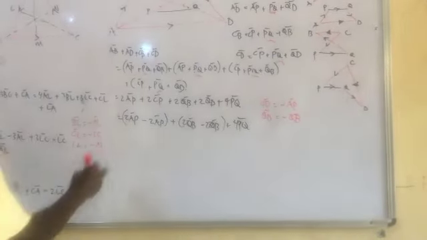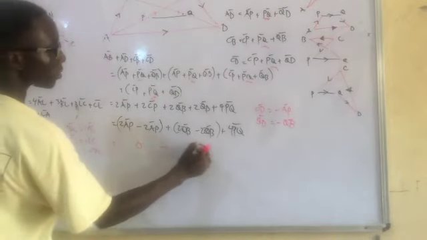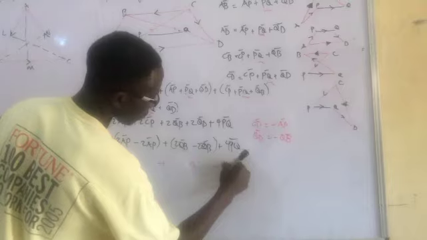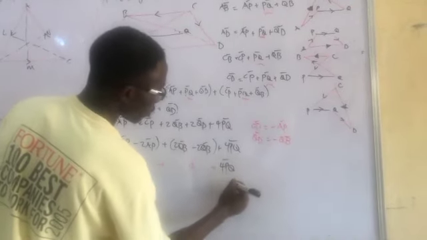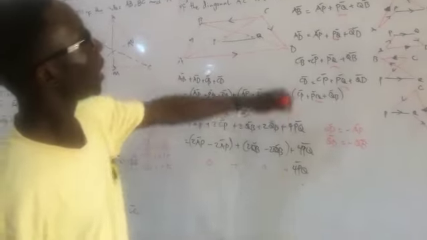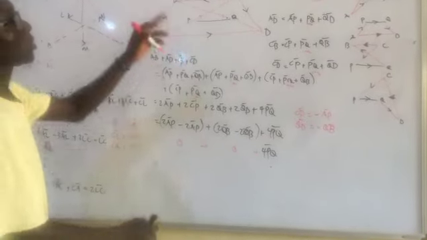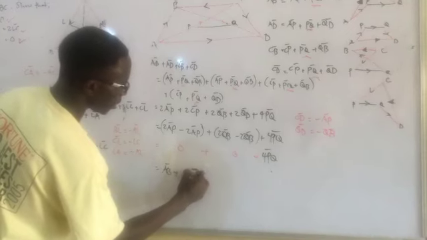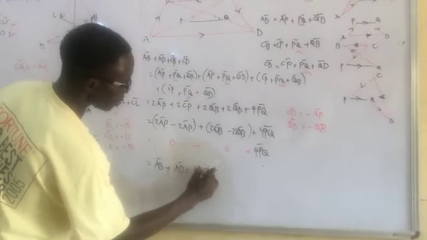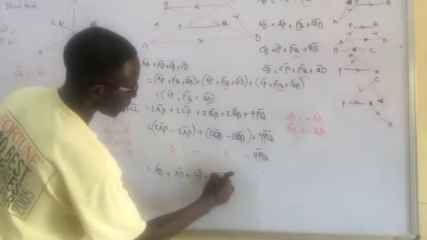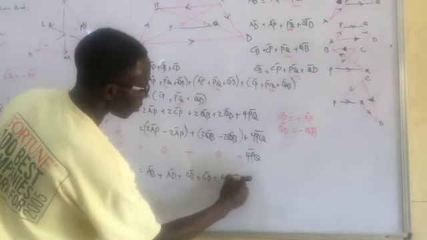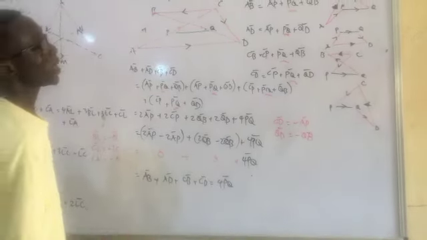So you can see that all this will tend to 0. Then we have only 4 PQ left. So now you can see that we end at 4 PQ. So you can just write the question, which is AB plus AD plus CB plus CD equals 4 PQ. So we can say that we have proved our answer.